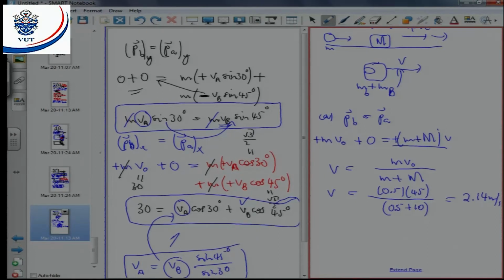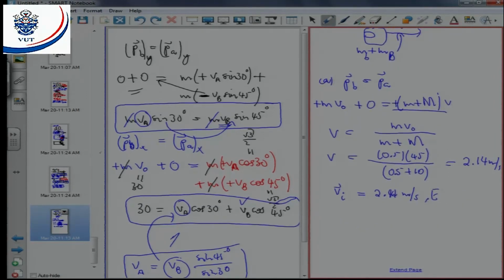So that means the initial speed of the bullet and block together is 2.14 meters per second in the direction that the bullet was moving. So here I'll just use east. The bullet was initially moving east and the bullet block system also moved east. Okay, so that's conservation of momentum.